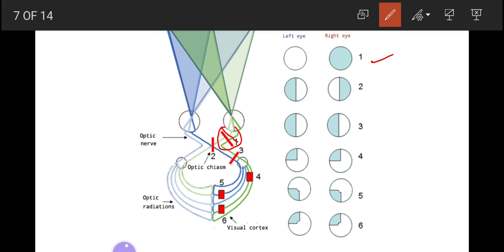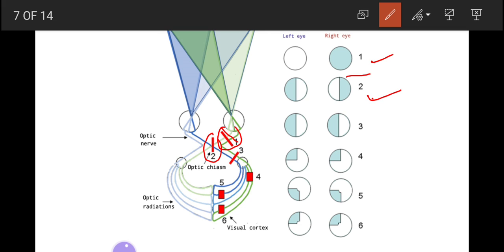The blue color shows the blindness. So when there is a lesion at the level of 1, there will be complete blindness at number 1.